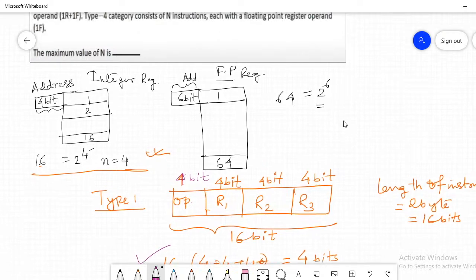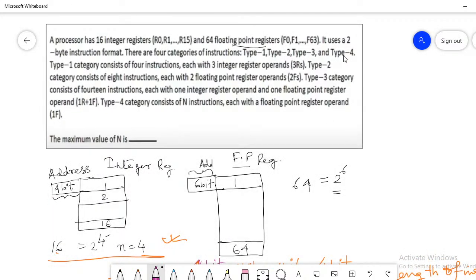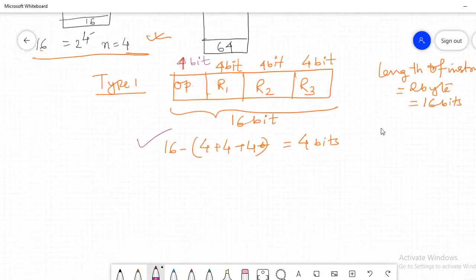Like if I go to the type 2 instruction, you can check that type 2 has 8 instructions, and 2 floating point registers are required. So I have to draw it for type 2 also.